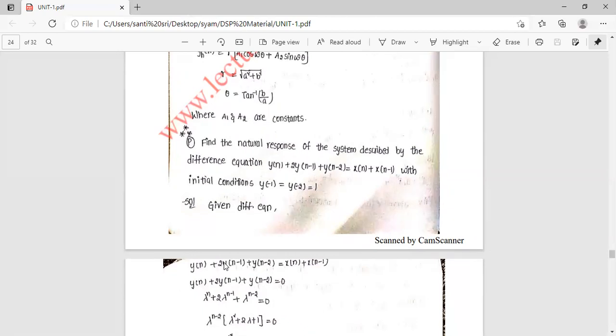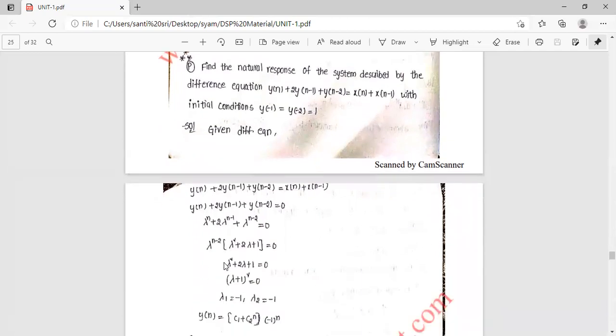Solution. Here the given difference equation is y of n plus 2 into y of n minus 1 plus y of n minus 2 is equal to x of n plus x of n minus 1. So for finding the natural response, we have to equate the x of n values to 0.